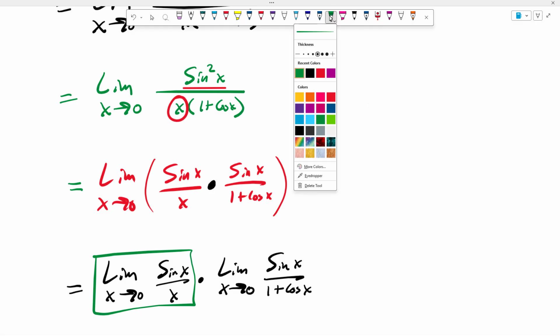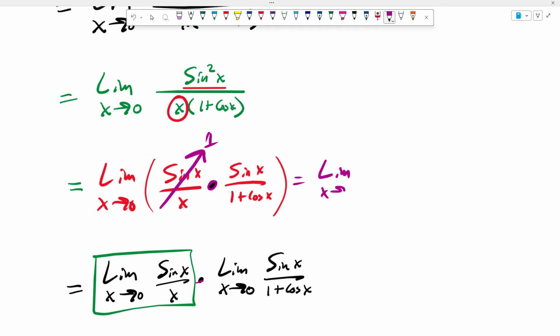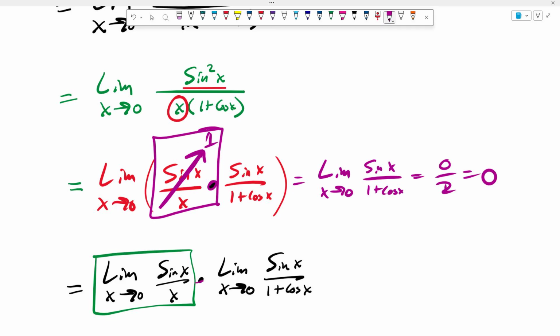What we typically do is just, we say this thing goes to 1, and the limit as x goes to 0 of sine of x over 1 plus cosine of x, and then we get 0 over 1 plus 1, or 2, 0. So if you ever see me put arrows here, that's just meaning whatever this function is, it goes to whatever the limit of it goes to, that number. Just kind of saves you time from writing the limit times the limit.